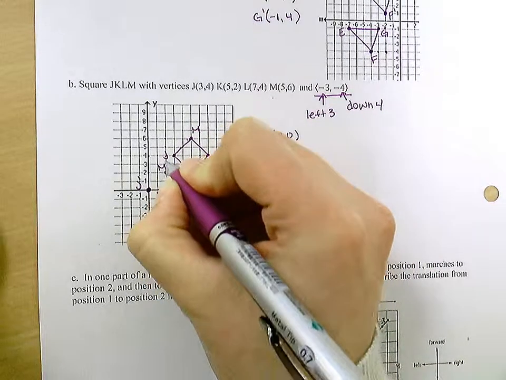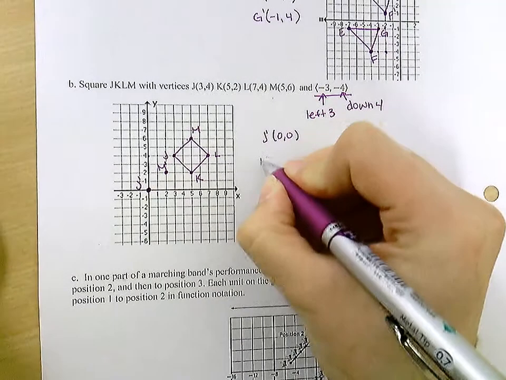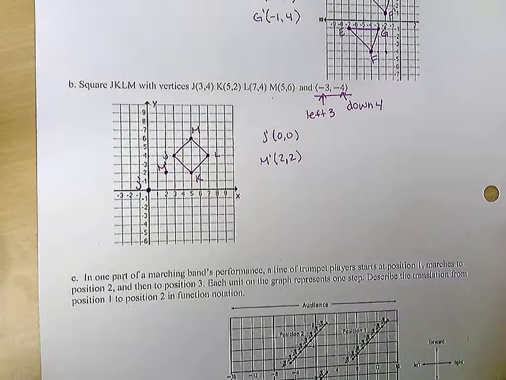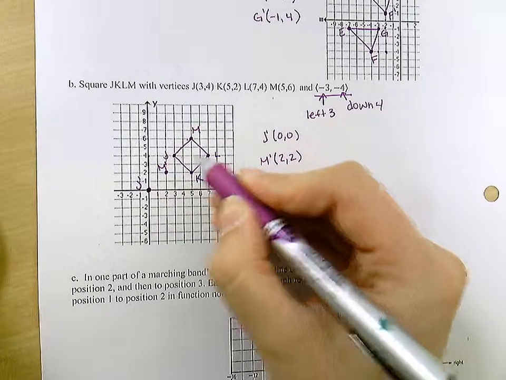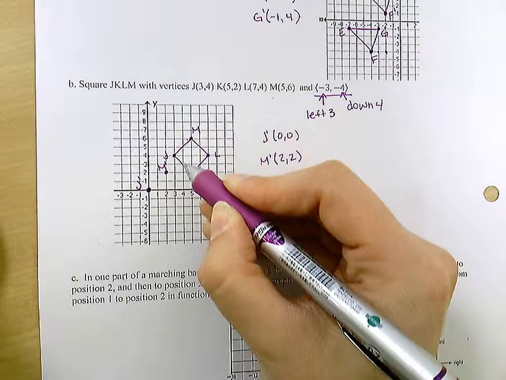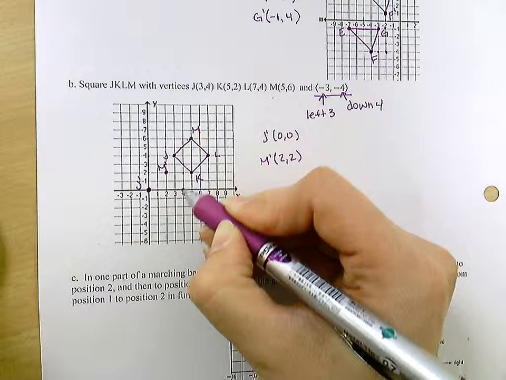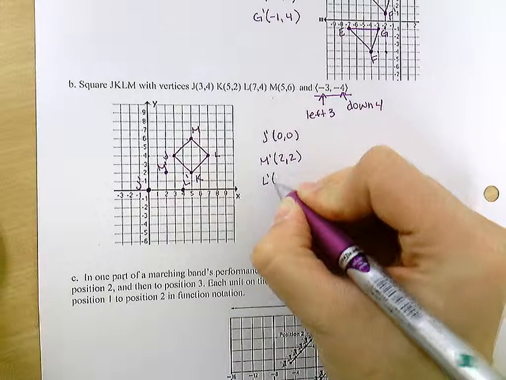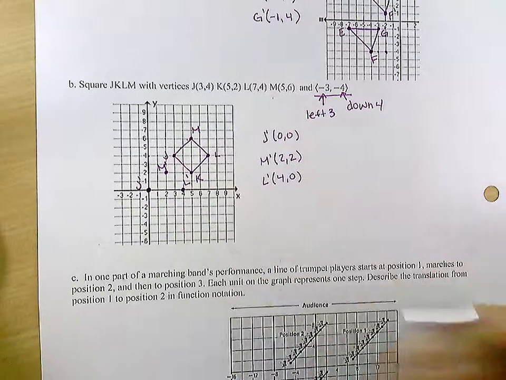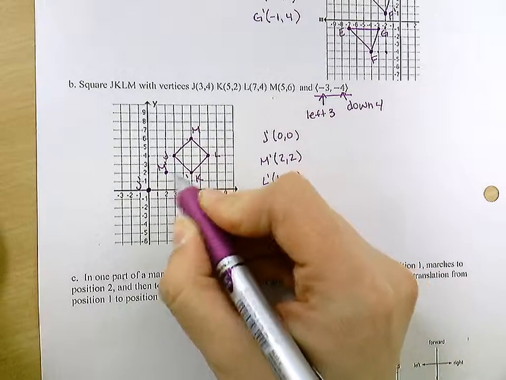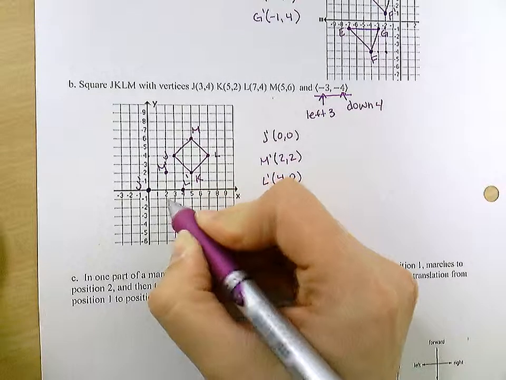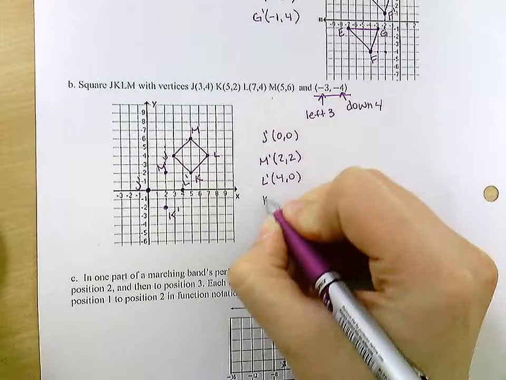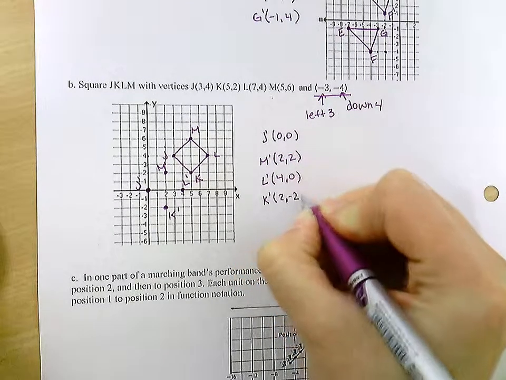Okay, and that would be M prime. So M prime is at 2, 2. L, left 3, 1, 2, 3, down 4, 1, 2, 3, 4. So L prime is at 4, 0. And then K, K prime should be at 2, -2.